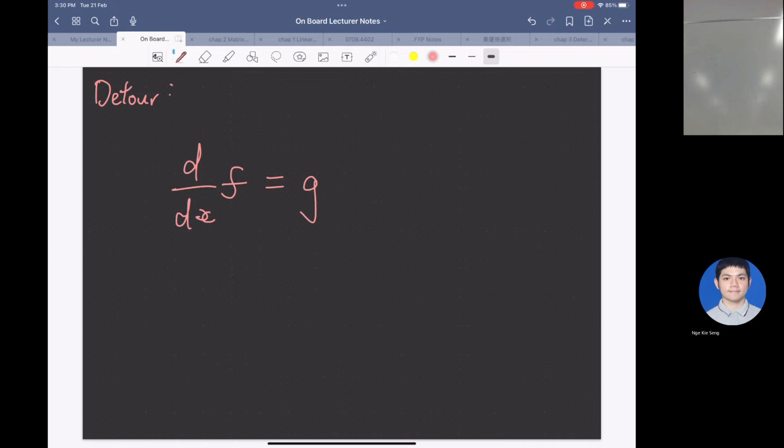So these functions form a class called differentiable functions. You can think of d/dx as a linear transformation from the set of differentiable functions to the set of continuous functions.